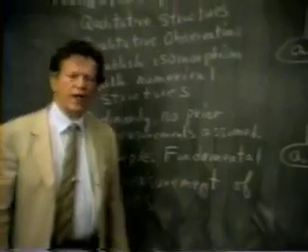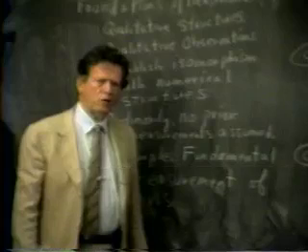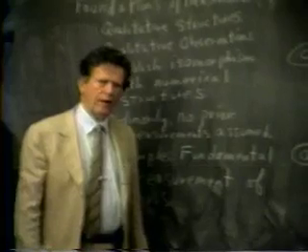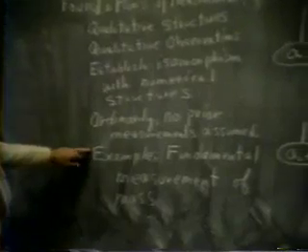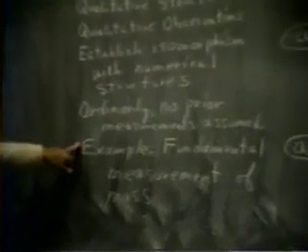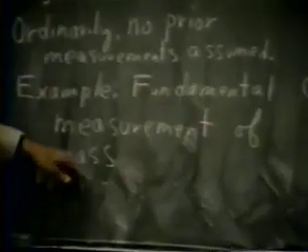Let's take an example that I shall only sketch. The framework of this example will be talked about very extensively in a later lecture. A classical and important case of fundamental measurement is the measurement of mass.